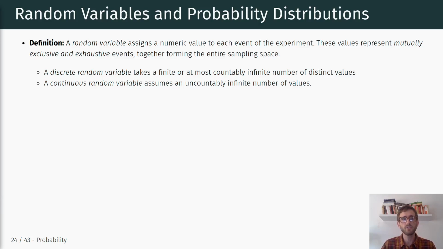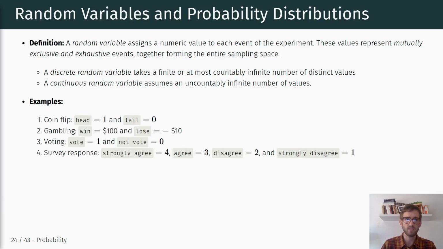And then we have continuous random variables, that assume an uncountably infinite number of values, right? So for any continuous random variable, you could think of processes that involve, I don't know, a length of time, for example, and things like that, that are ultimately continuous variables. Okay.